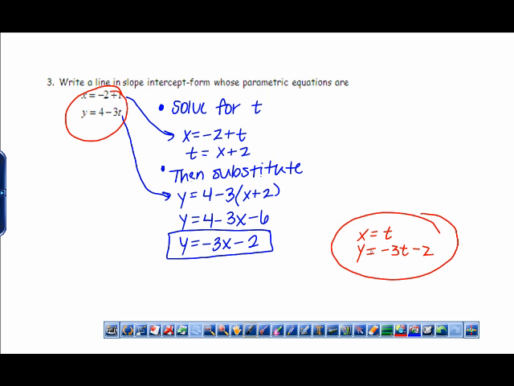Now if you look at these two sets of parametric equations, they may seem completely different, and they are basically off by just a subtracting of 2, or this addition of -2. But they would actually yield the same result, which is this graph right here.